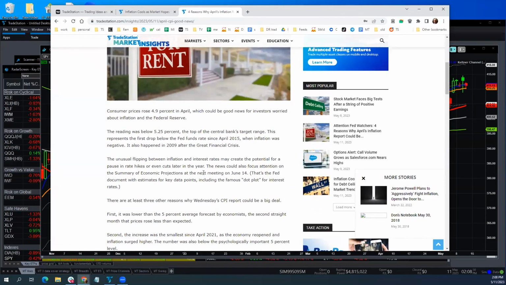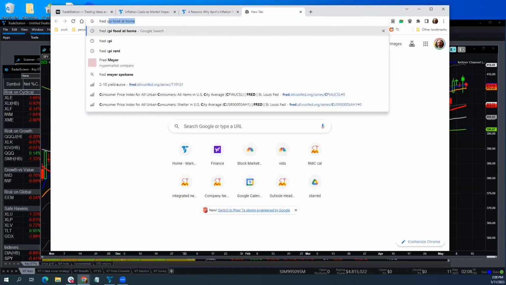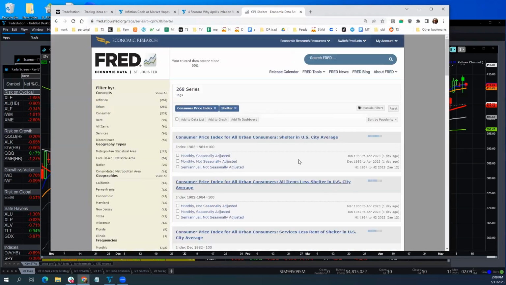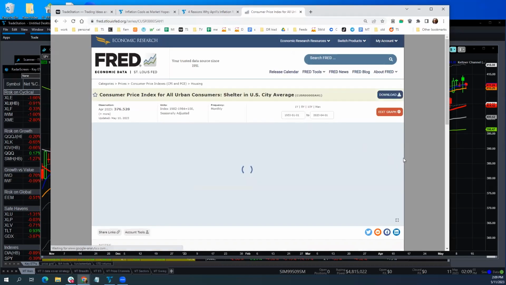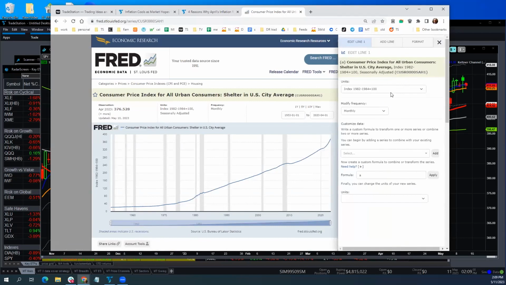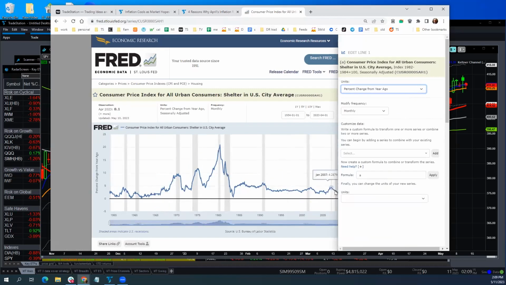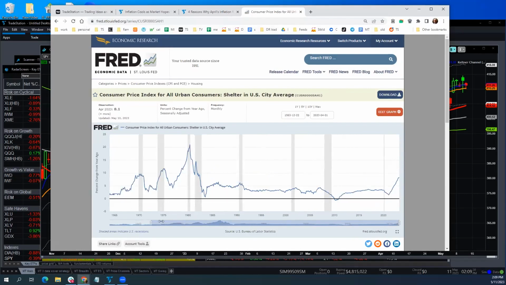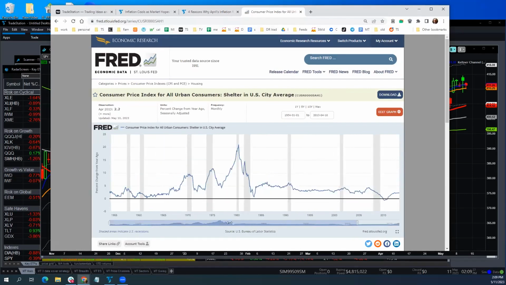And the other thing, I've talked about this a lot, but the shelter costs continue to come down. In fact, if I just do FRED CPI shelter, I was looking at this one, and we go to index and then percent change, we can go from a year ago, and if you look at this, it has pretty much stopped going up on a percentage basis, which is interesting.